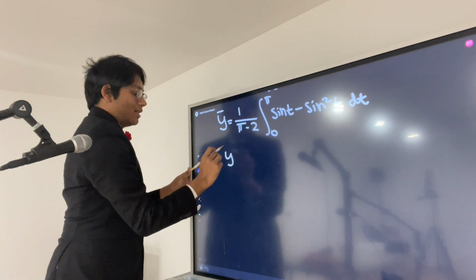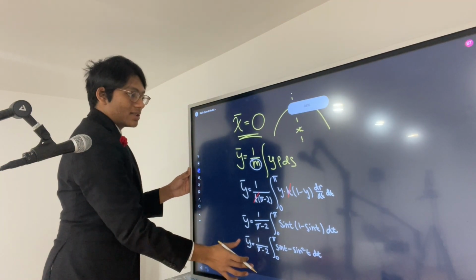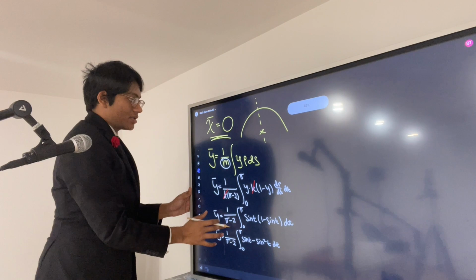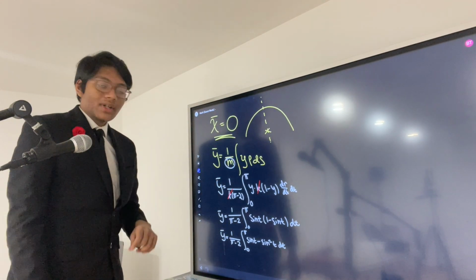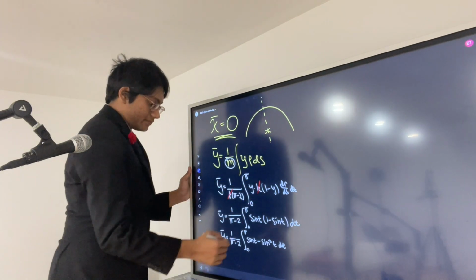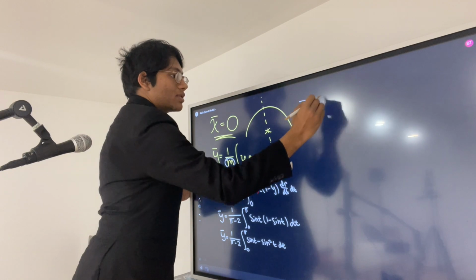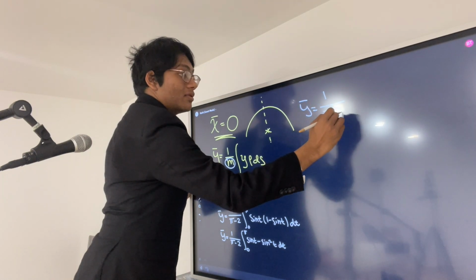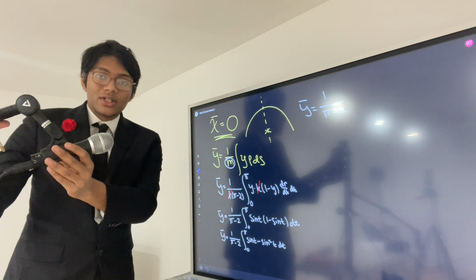Actually, I don't know if I should continue it on this slide. Let's continue it over here. So coming over to the right hand side here, I'll have y bar is equal to 1 over pi minus 2. Hopefully you can read this. And I'll pull my mic in this direction.